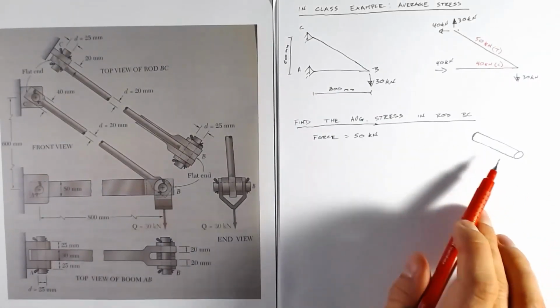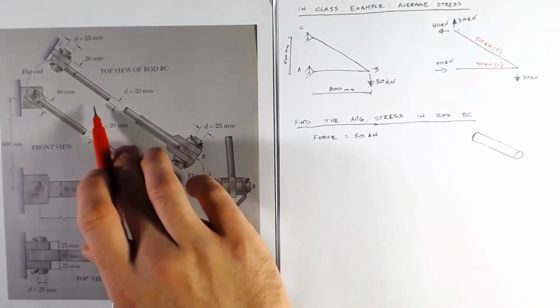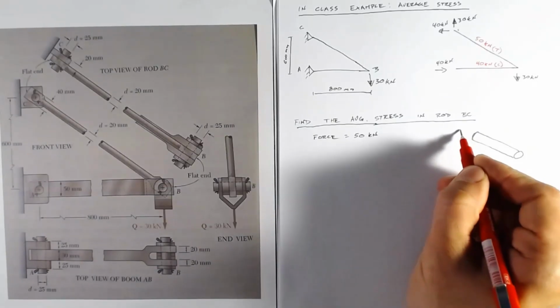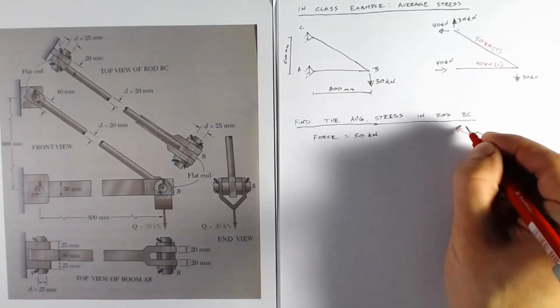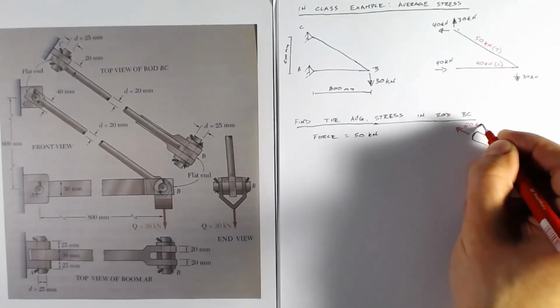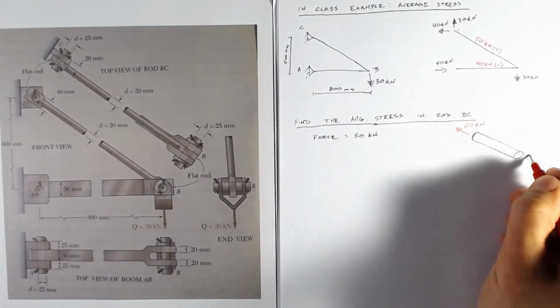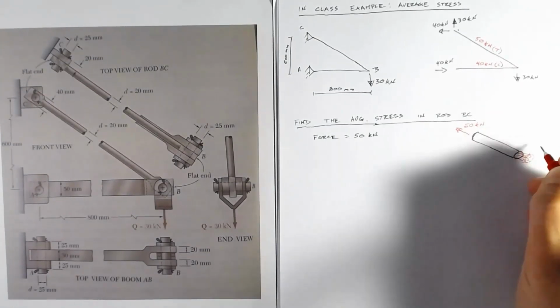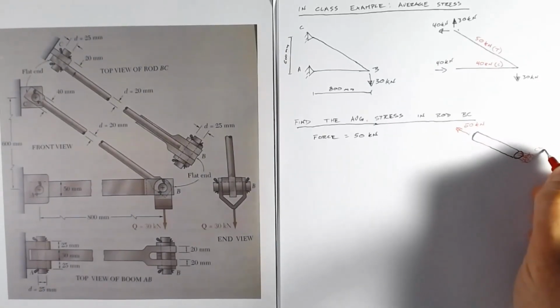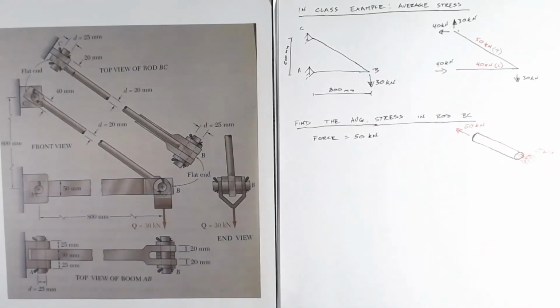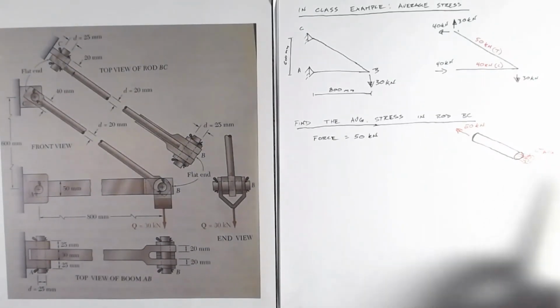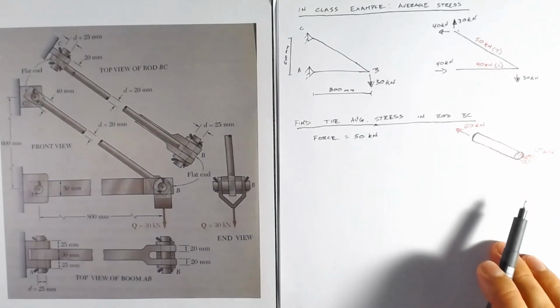So if this is rod BC, somewhere in here, it's going to have this tension force of 50 kilonewtons, and it's going to have some average stress here, where over the entire section that average stress is equivalent.